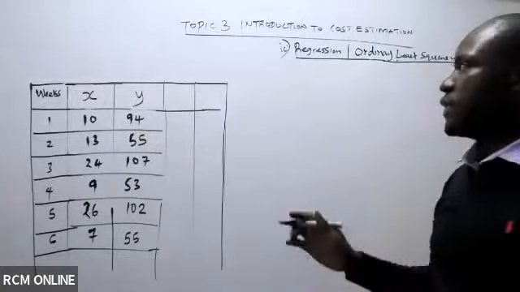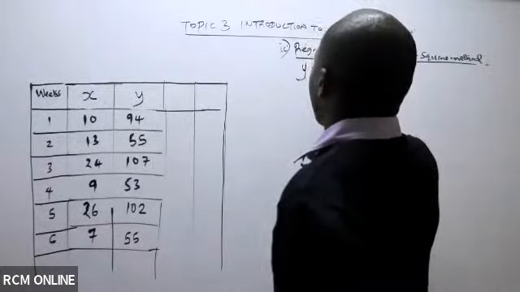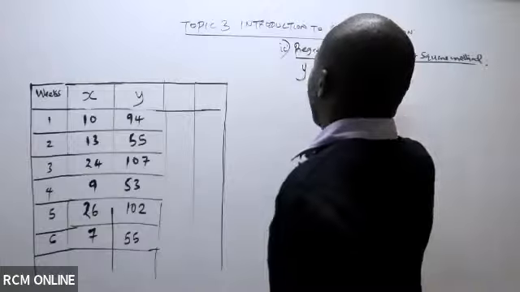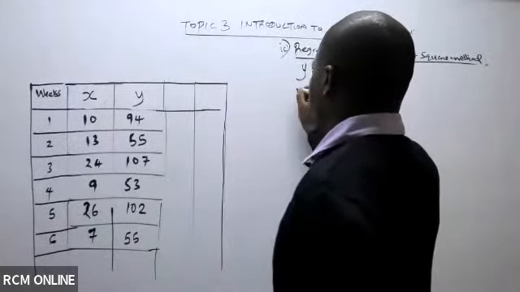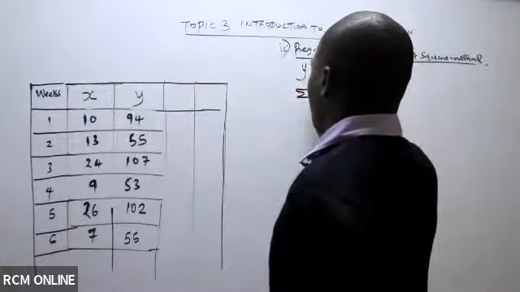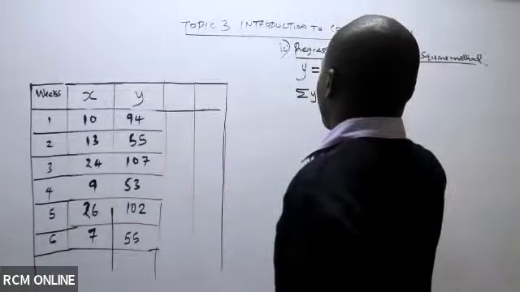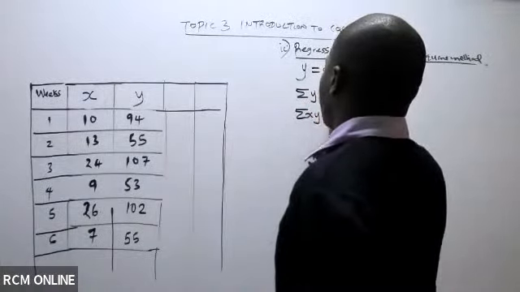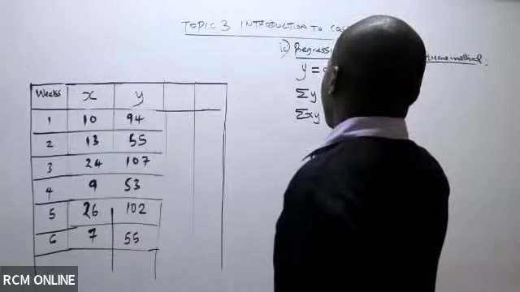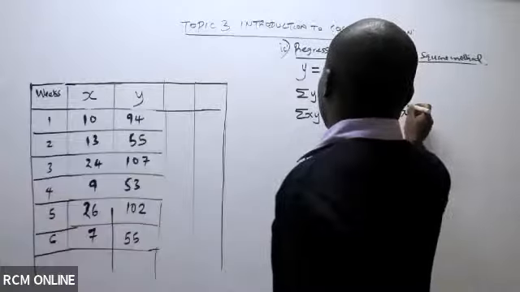So we start with this. Our cost function y is equal to a plus b x. Then now come here and say, for us to arrive at this, we must get summation of y is equal to na plus b summation of x. Summation of xy is equal to a summation of x plus b summation of x squared.